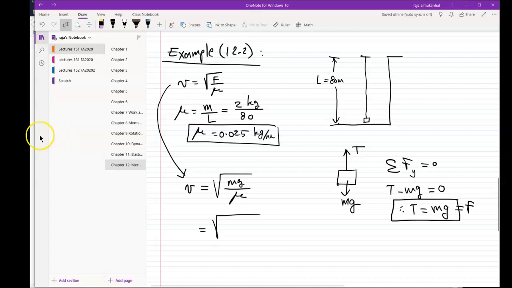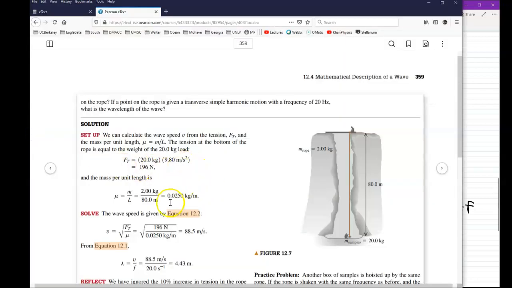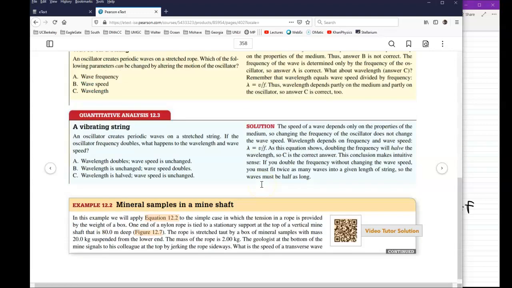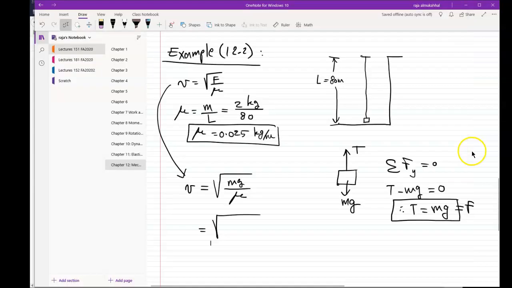Okay, let's go back. I have to go back one more page. There we go. He said the box of mineral sample has a mass of 20 kilograms. Got it? So the mass is 20 kilograms.